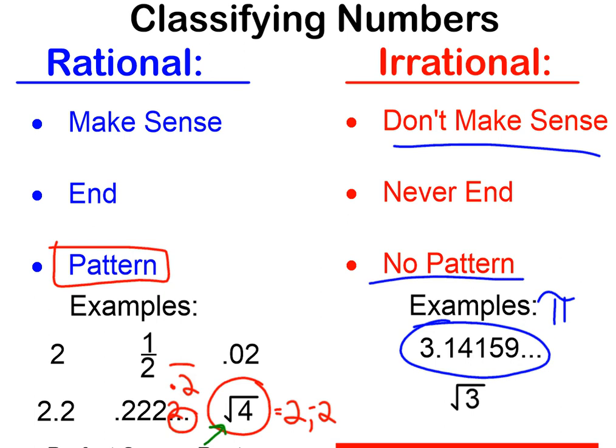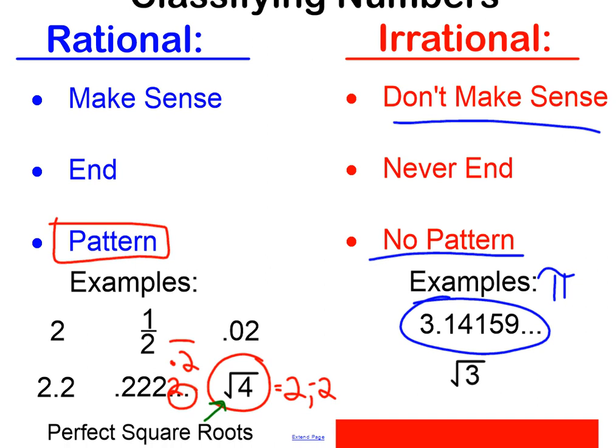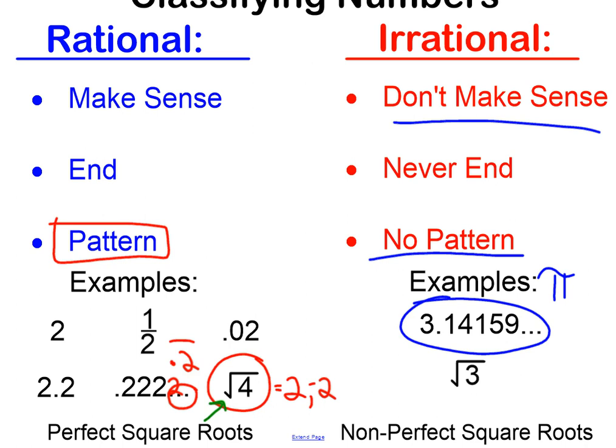Now what you notice here is we also have the square root of 3. The square root of 3 would be considered a non-perfect square root. I don't know what the square root of 3 is.